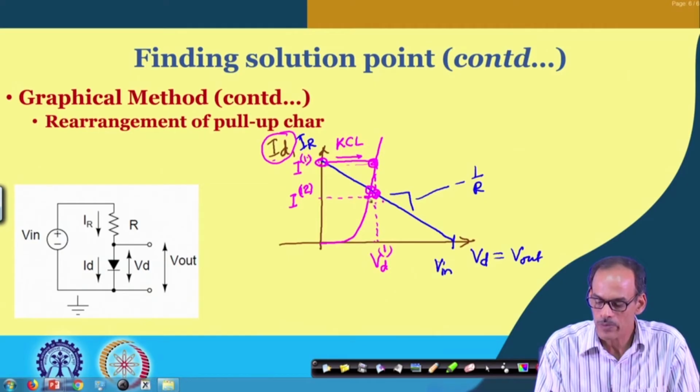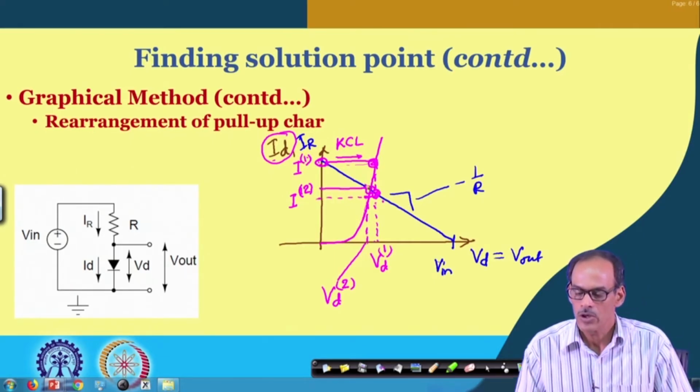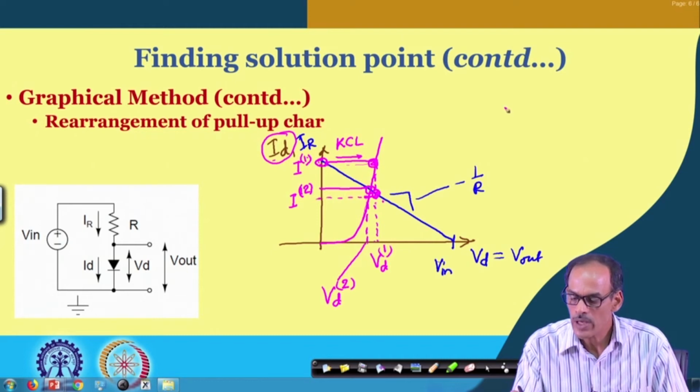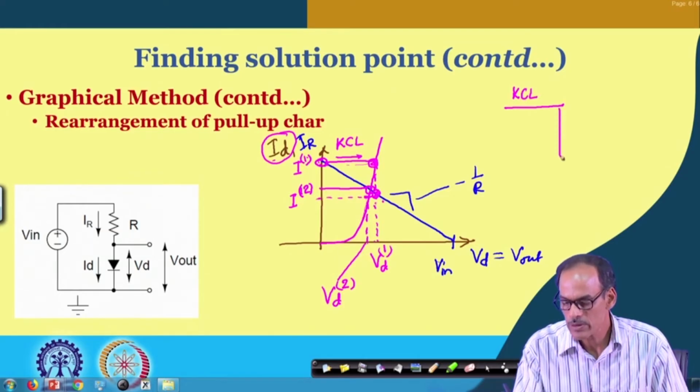Wherever this current intersects the diode characteristic, namely the pull down characteristic curve, we call this V d 2, and so on. And then again from here you can go up to find the updated current. So, we are moving horizontally satisfying KCL, and coming down satisfying KVL.